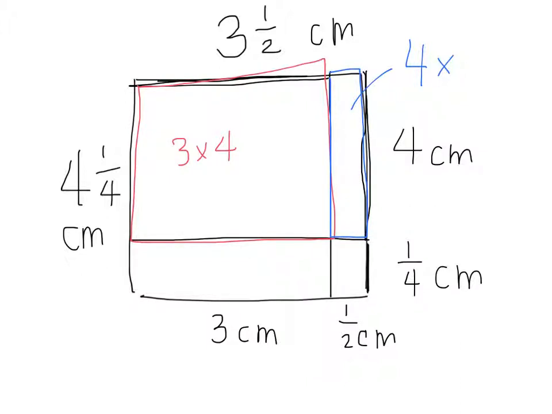4 times 3? So we have 4 on this side. How long is this length? So we know that this part up and down is 4, right? And then we need this one, don't we? How do I find the area of this blue rectangle? 4 times.